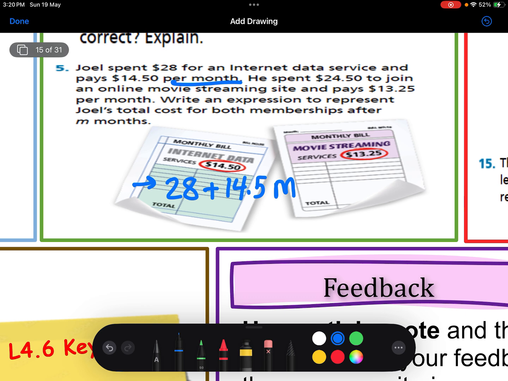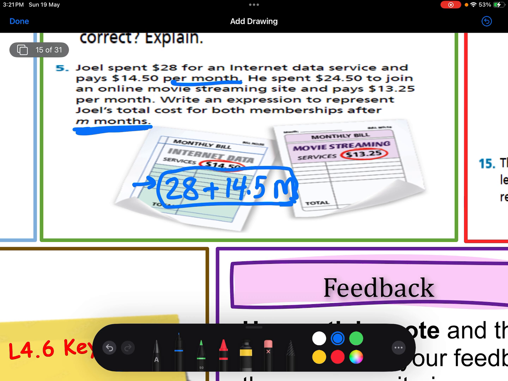So remember, expression should have a variable, and my variable is the number of months. I don't know how many months, therefore it's a variable. And they said it in the question, months. This is a hint for me to use that as a variable. I wrote the expression of the first membership, the internet membership.